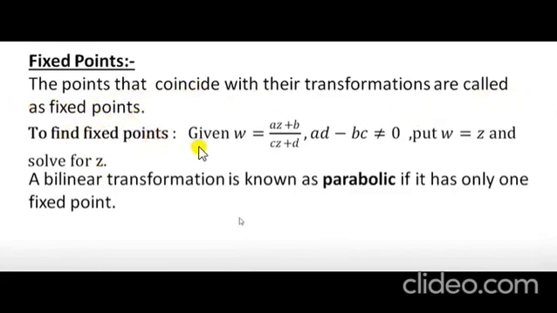To find the fixed points of a transformation in the form w equal to (az plus b) by (cz plus d), with ad minus bc not equal to 0, we put w equal to z and solve for z. If we get only one fixed point after solving, it is called parabolic type. Otherwise we may have more than one fixed point.